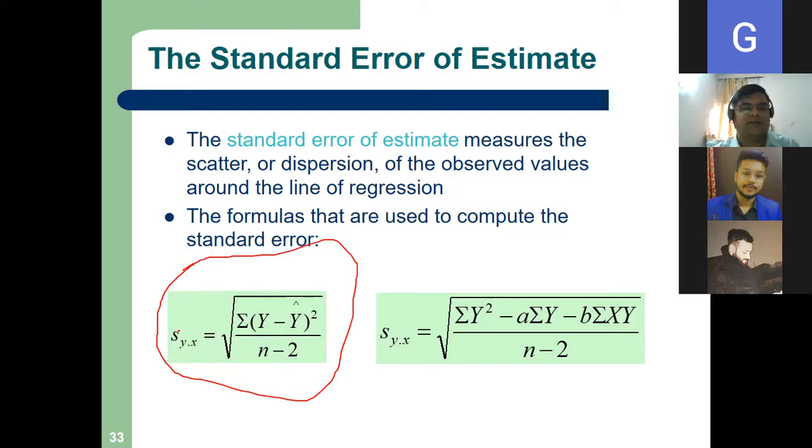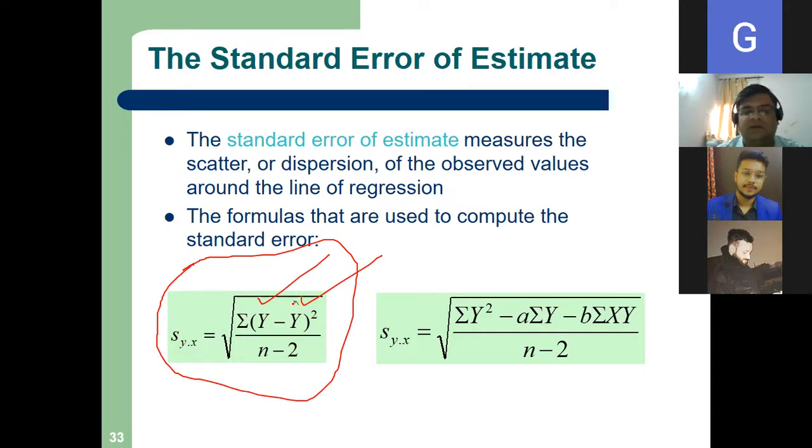Yes, students, write down the formula. This is also important: standard error of estimate. Now we can calculate. We know the y hats, we know the y. So you understand now why I told you y and y hat are different. You can see the equation: y minus y hat.